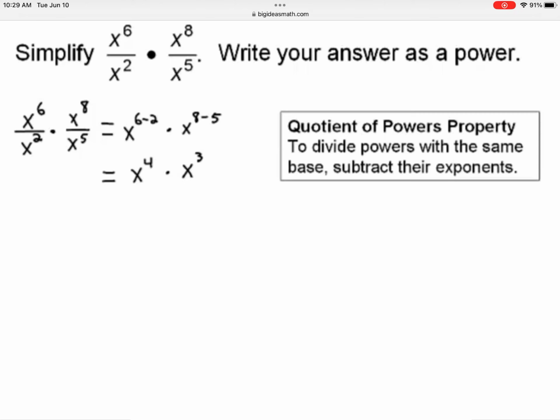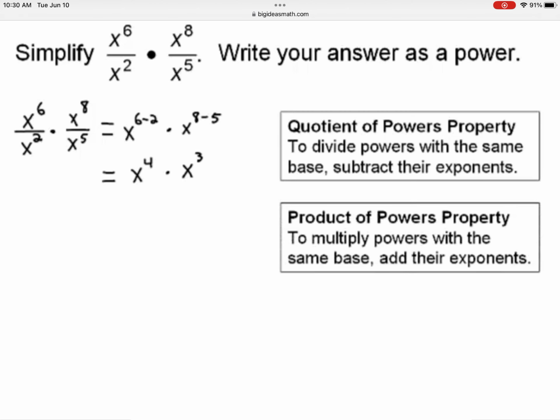So you have x to the 4th times x cubed. Now you are left with two powers with the same base to multiply. You can use the product of powers property. The product of powers property states that to multiply powers with the same base, add their exponents.